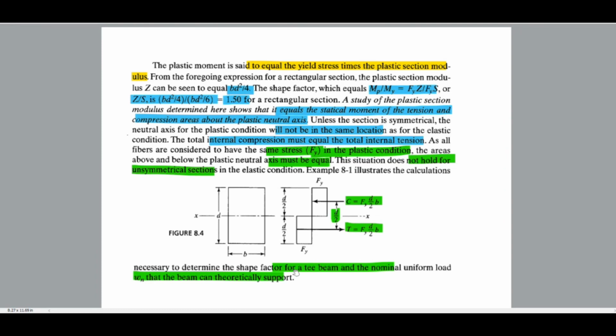As all the fibers are considered to have the same stress in plastic condition, the areas above and below must be equal. This does not hold for unsymmetrical sections in elastic condition. Example 8.1 illustrates the calculations necessary to determine the shape factor for a T beam and the nominal uniform load Wn that can be theoretically supported.